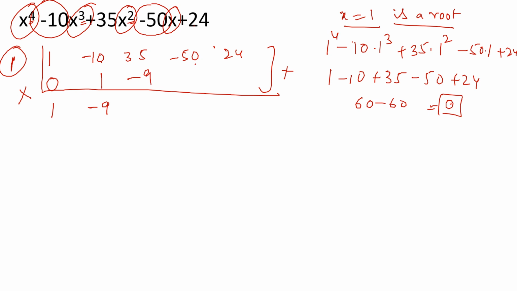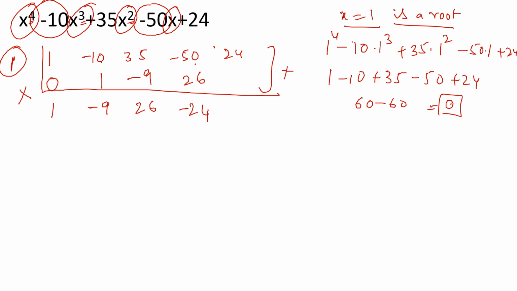35 minus 9, how much? 26. 26 multiplied by 1, so we will write 26 here. Now how much is this? Minus 50 plus 26 is minus 24, along with the sign.